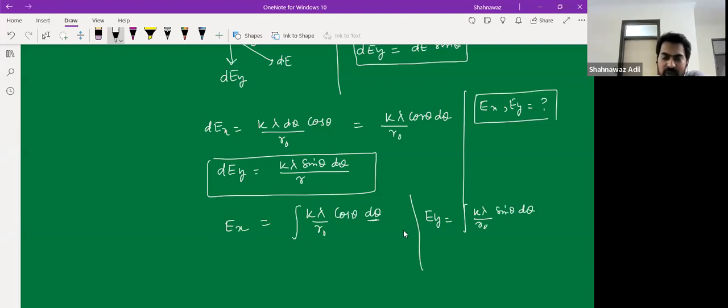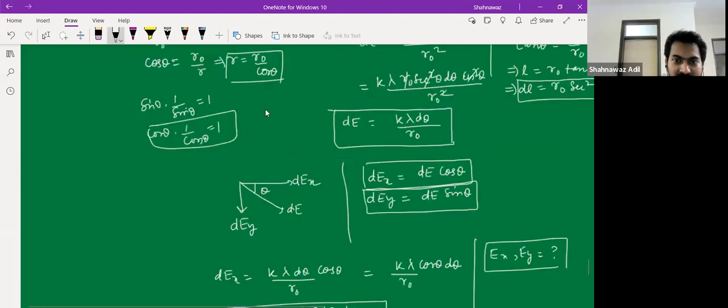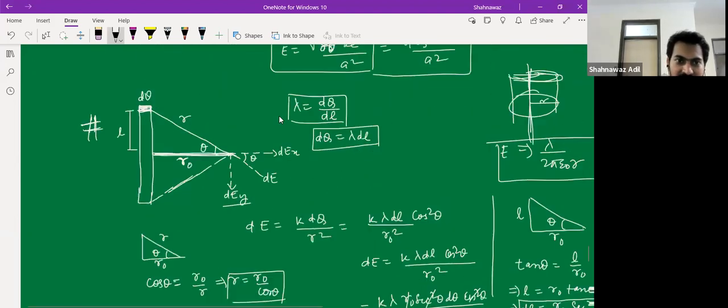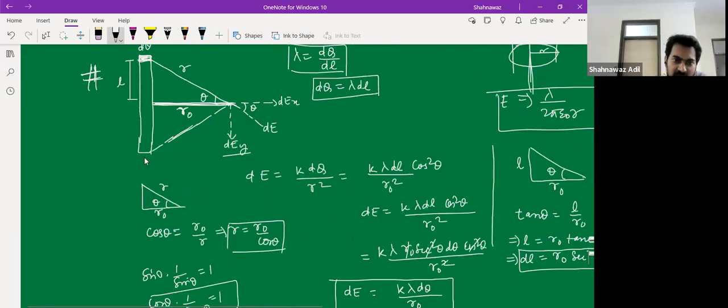Let's just take one case, that the wires are infinitely long. So let's say the wires are infinitely long, which means this goes on. So what would be these two theta values?